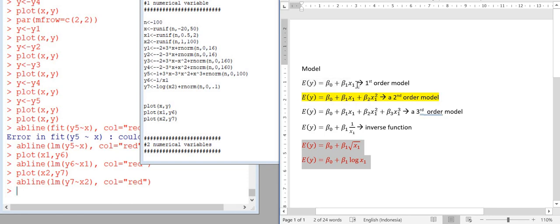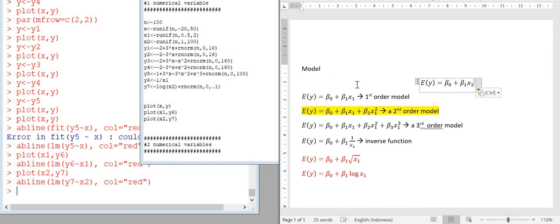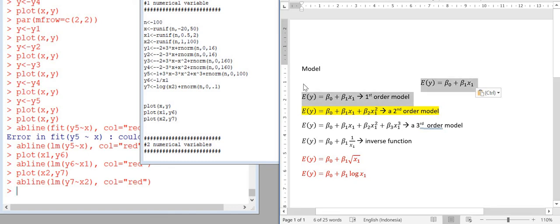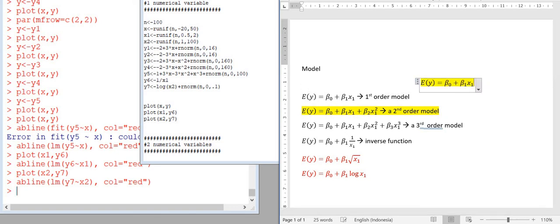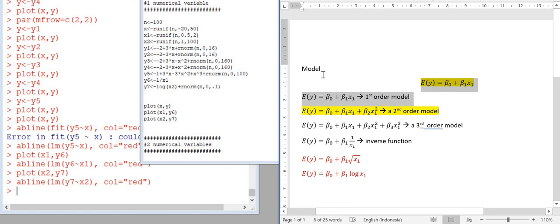Here we have the template for the first order model, or sorry, for just a simple regression. This is the template that we have here. But we know that x1 here can be changed by anything.